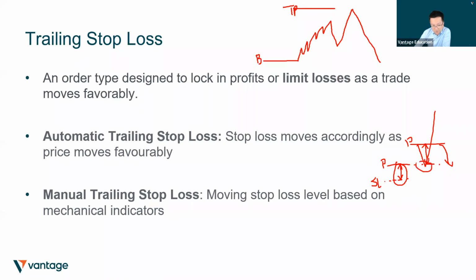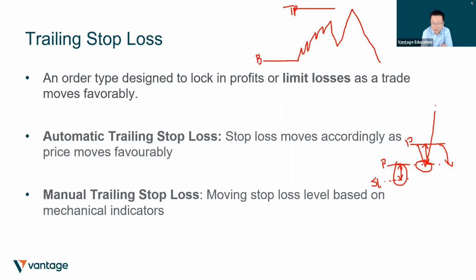You get stopped out in a profit, but then you missed out on that potential upside. It's good in a strong trending scenario where you see little fluctuations towards the downside. The risk is that traders tend to put it a little bit too tightly, right?